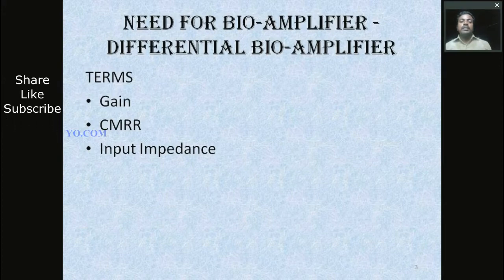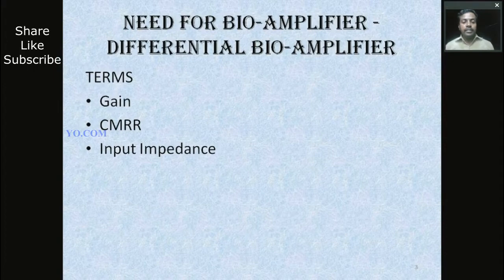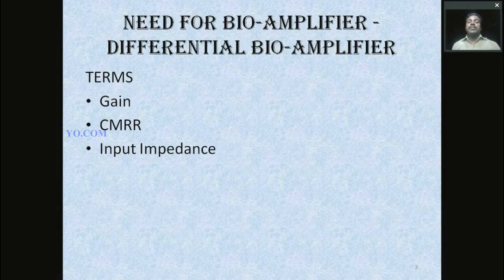Before that, we have to know some terms used in this session. The first one is gain. Gain is the measurement of how much the amplifier increases the input signal. For example, the input is 1 millivolt and the output is 1 volt.